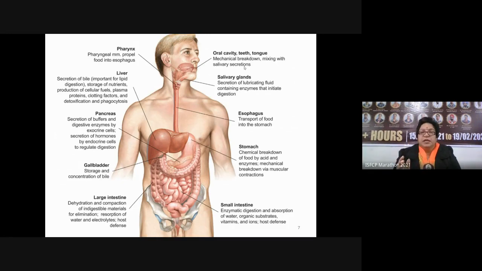Then the pharynx propels the food into the esophagus. This tube-like structure is the esophagus. What the esophagus does is carry out the transport of food into the stomach.